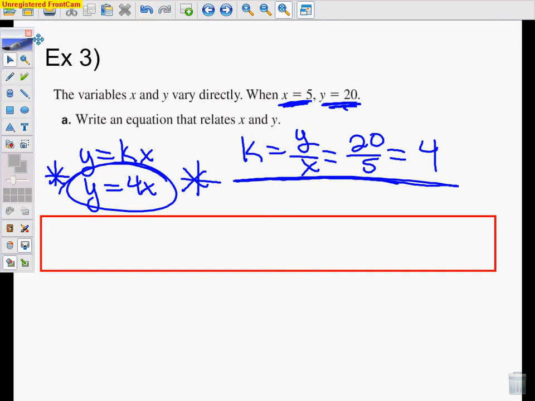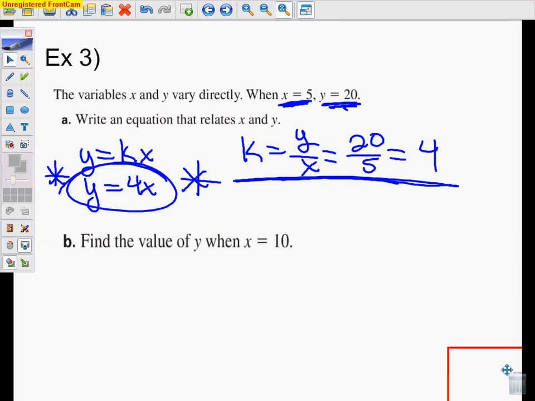Now, one thing that they also might tell you to do, that I might tell you to do, is find the value of y when x equals 10. Well, guess what? You know that the formula is y equals 4x based on what we did in part A. So now, if we need to find y when x is 10, in other words, they're asking us to find a new value, we can just use that equation that we just made.